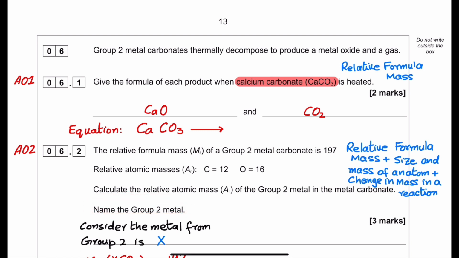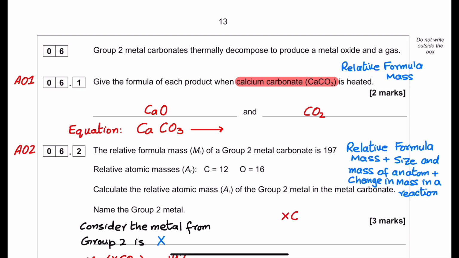This question is from relative formula mass, size and mass of an atom, change in mass in the reaction. Let's consider the unknown metal from group 2 is X. So it makes a compound, and let's give the name of the compound, that is X carbonate.